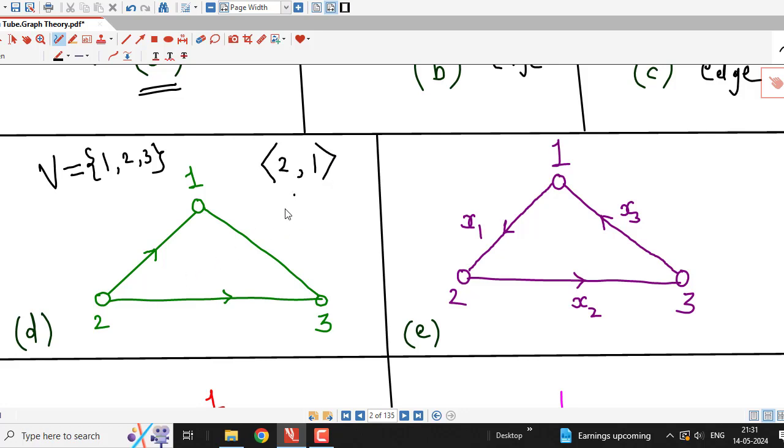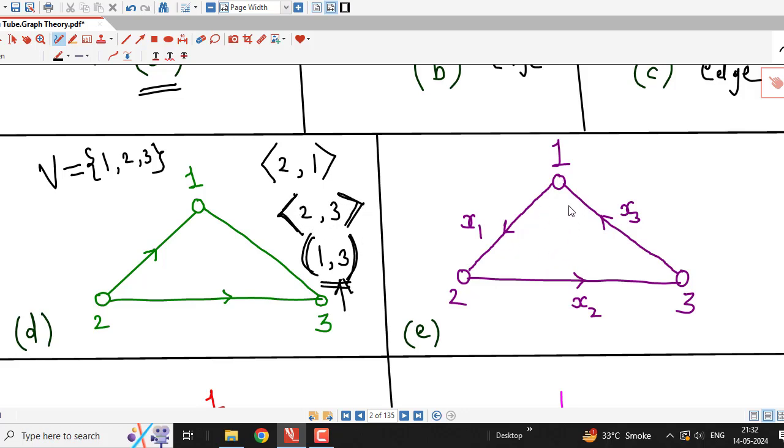There is an edge from 2 to 3, that we denote by (2, 3), and here the edge is undirected, so we write the unordered pair {1, 3}. If we have an unordered pair, then we use this bracket. For an ordered pair, we use this bracket.